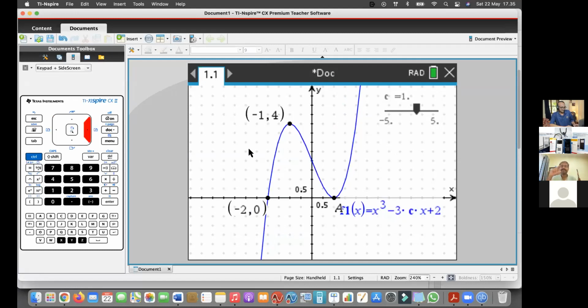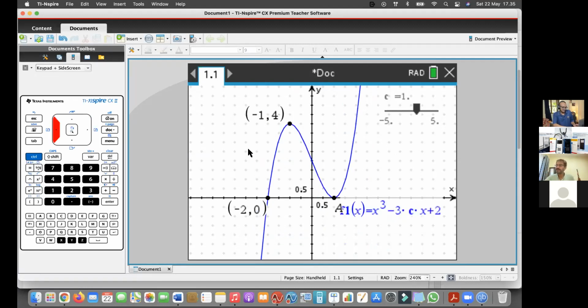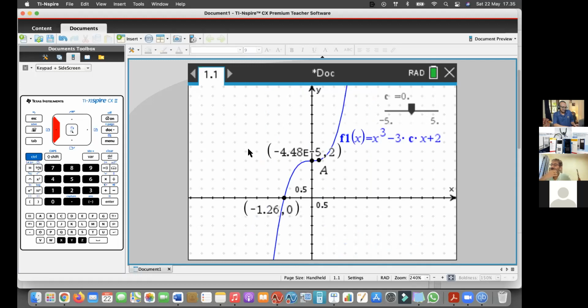Moving on: the minimum value is 0. Further, the minimum value is negative. So I did this. When you do positive, I solved this here. So for 1 x-intercept, the minimum point should be above the x-axis.